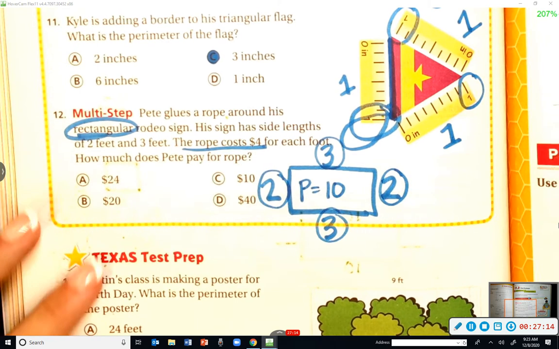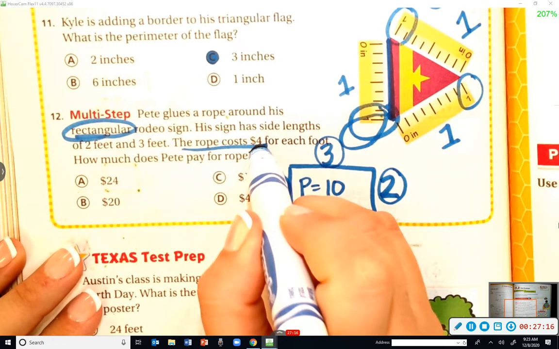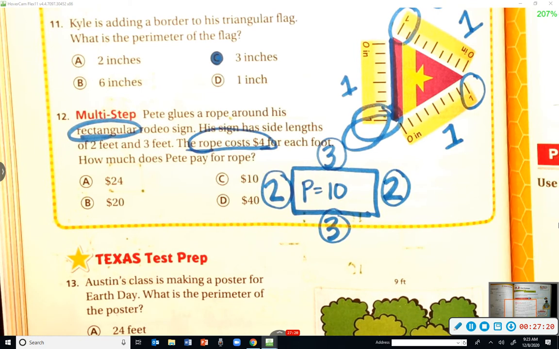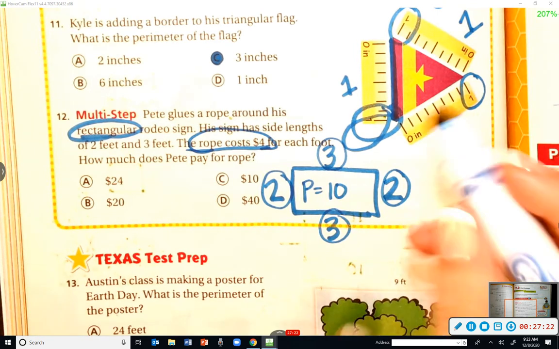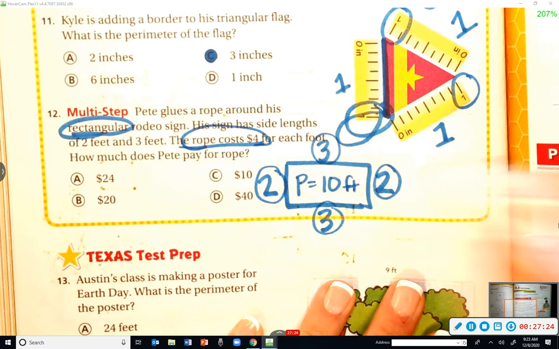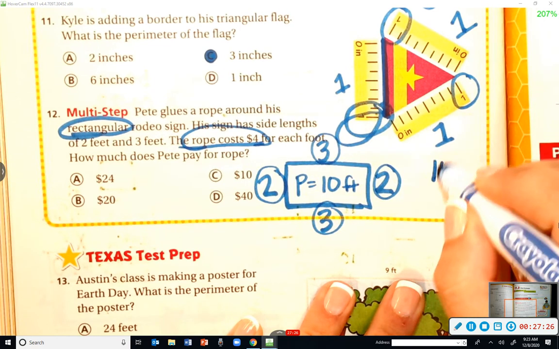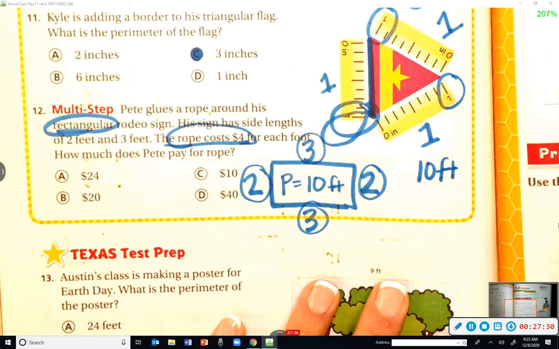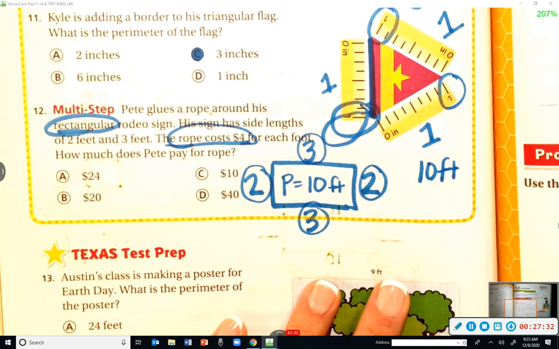Now I need to figure out how much the rope costs. So it's $4 for each foot. He needs 10 feet. So if I have 10 feet, what do I need to do with that now? Brandon, you have any idea? We already did that.